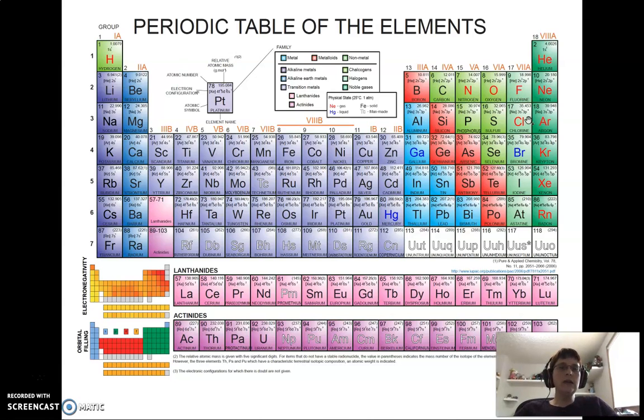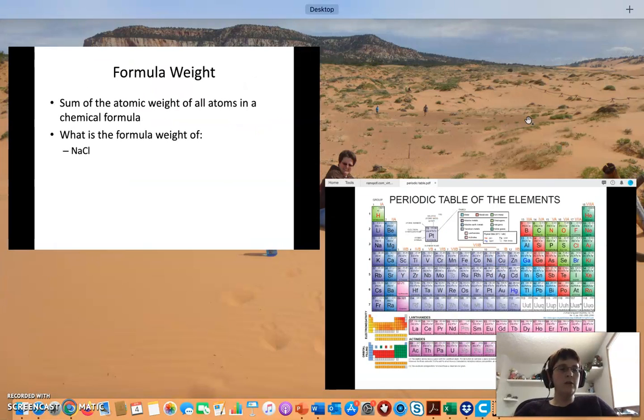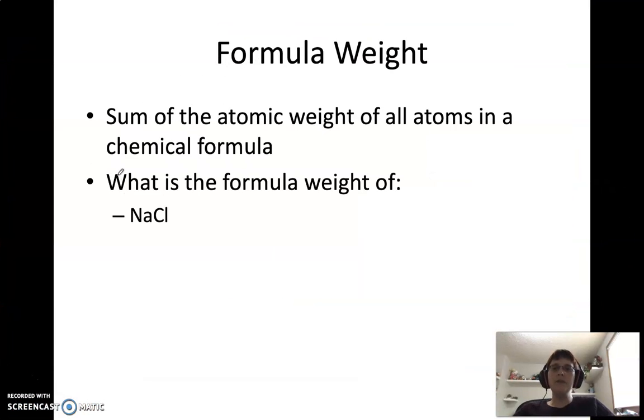And we've got chlorine at 35.45. So if we add those guys together, we're going to get a formula weight of 58.45, or if you're rounding, a formula weight of about 58.